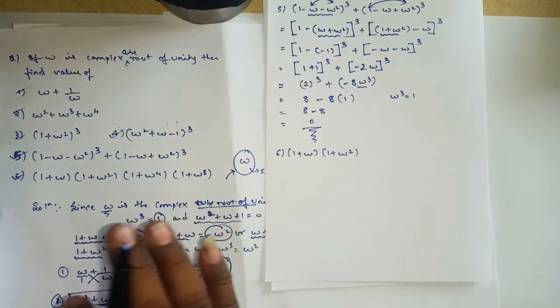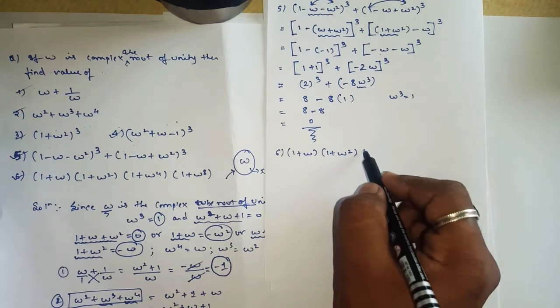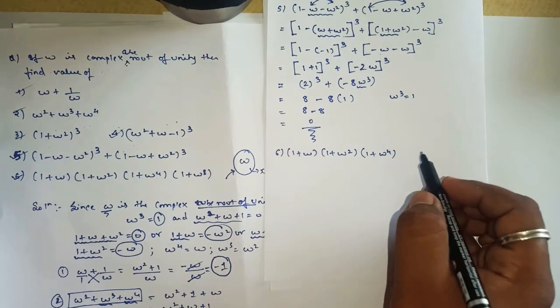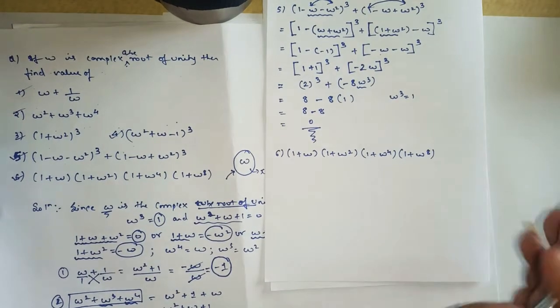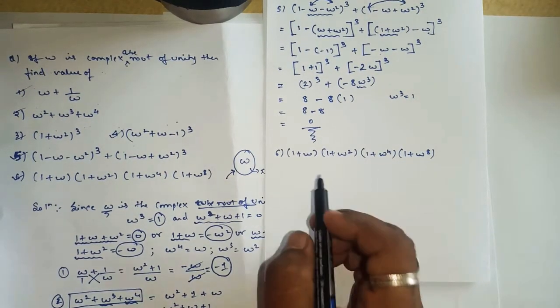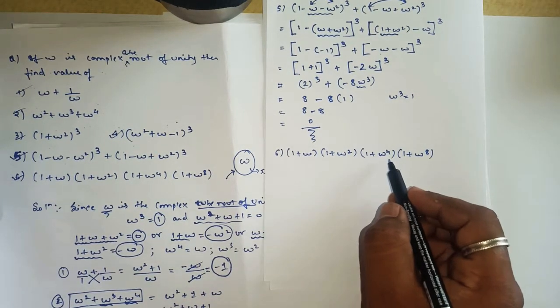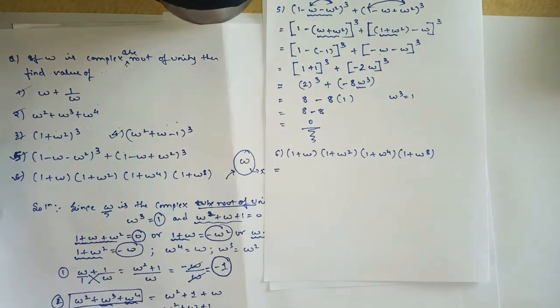So instead of saying omega everywhere, I am saying w, just to avoid confusion, but see to it that it is actually omega. So here we have 1 plus w, 1 plus w square, 1 plus w raised to 4 and 1 plus w raised to 8. Now we have to find the answer for this.